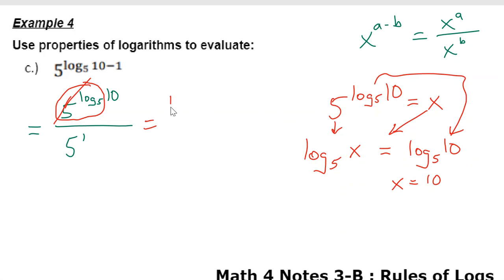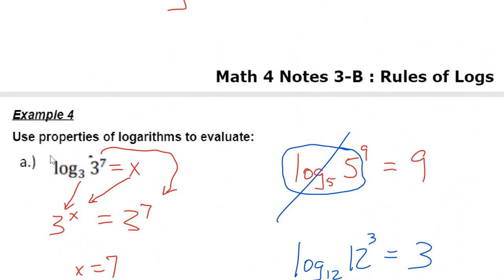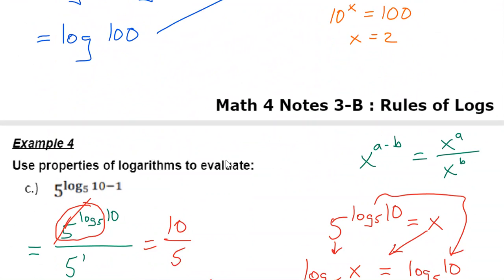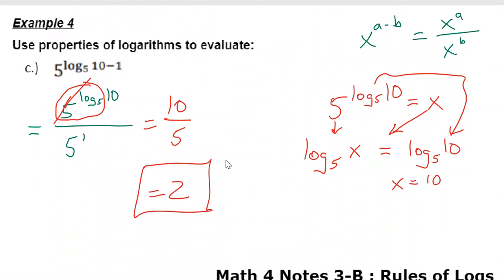That means that you're just going to have 10 over 5, which is plain old 2. So not only are you going to see these guys canceling out in this order, but you're also going to see it in this order over here, the log base 3 of 3 to the 7. These are both cases where the log and the base kind of cancel each other out.